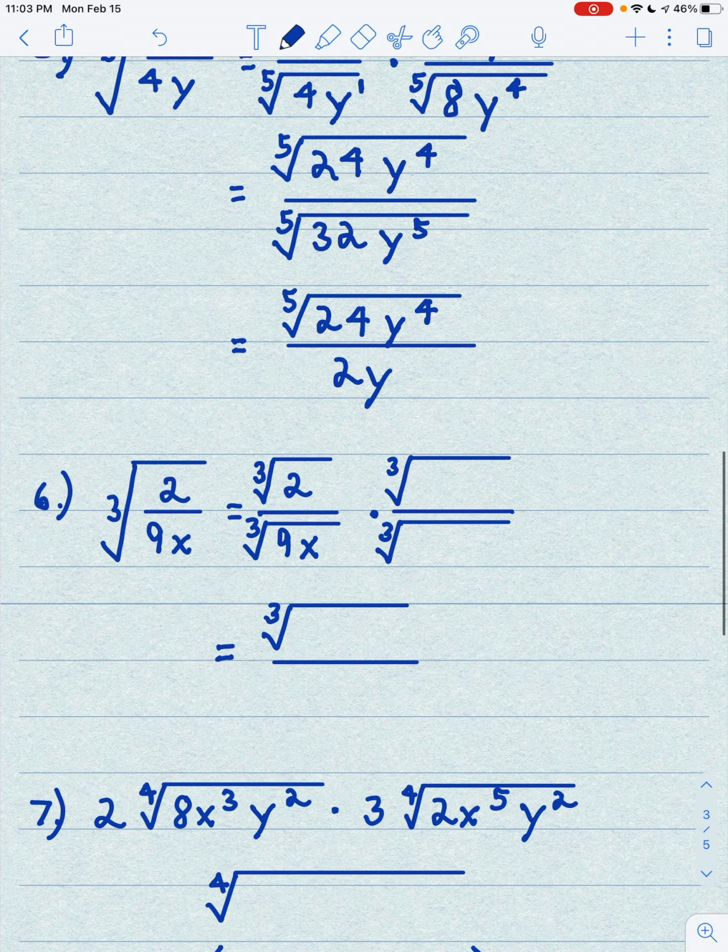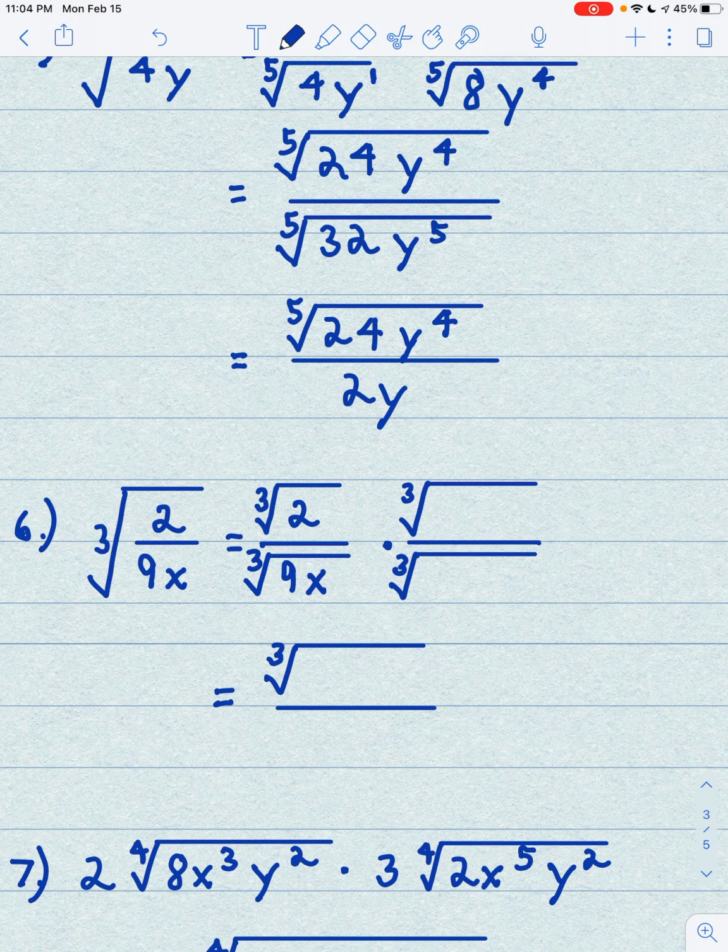Let's move down to this one, number 6, the cube root of the fraction 2 divided by 9x. I first rewrite it as the cube root of 2 divided by the cube root of 9x, and I'm trying to create perfect cubes. So I think of my perfect cubes, and 3 cubed is 27, and I know 9 times 3 is 27.